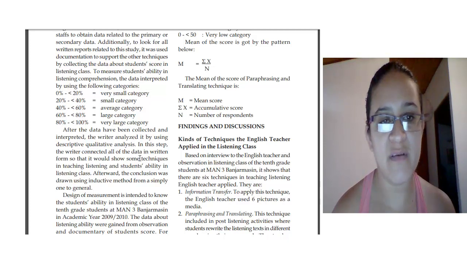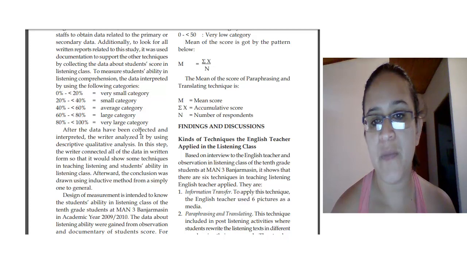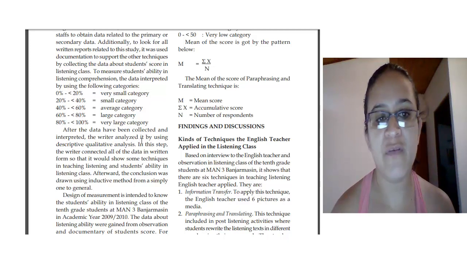In this part, the article says, after the data have been collected and interpreted, the writer analyzed it by using qualitative analysis.